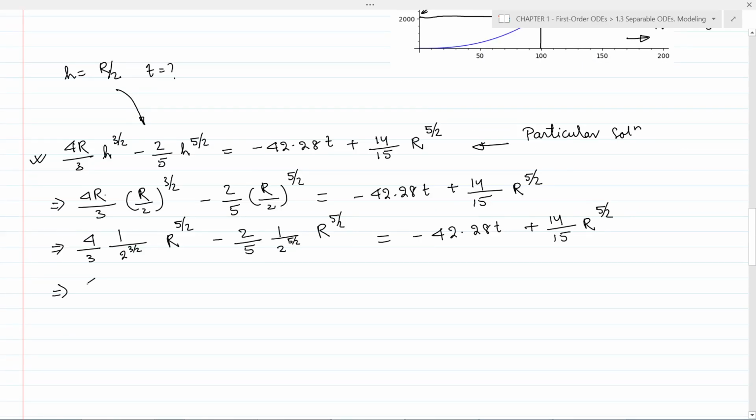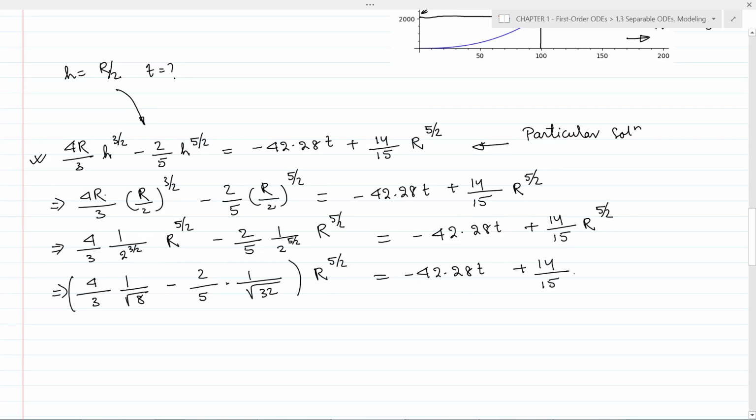This implies 4 by 3. This 2 to the power 3 by 2 is square root of 8, multiplied by minus 2 by 5 multiplied by this 2 to the power 5 by 2 which is square root of 32, whole into r to the power 5 by 2 equal to minus 42.28 t plus 14 by 15 r to the power 5 by 2.